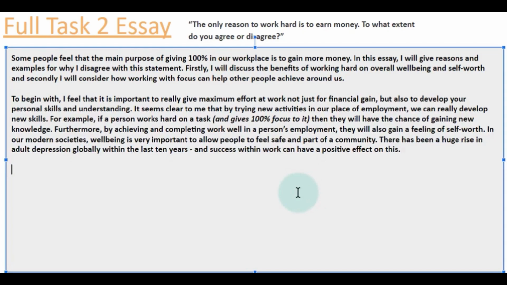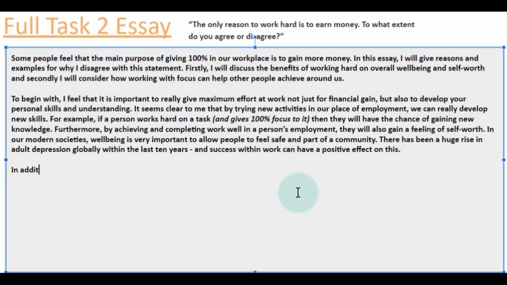That's fine. Okay, so my second point to say why it's important to work hard, other than just to consider money, was for charity and helping others. So I'll start with helping others first.